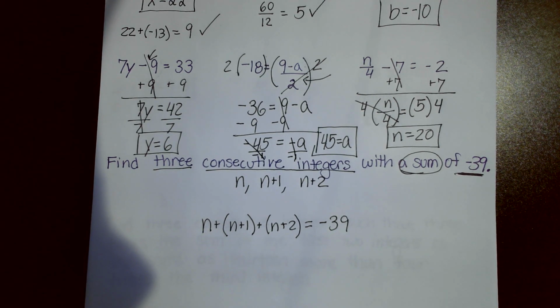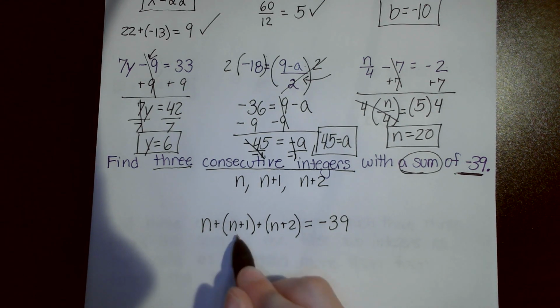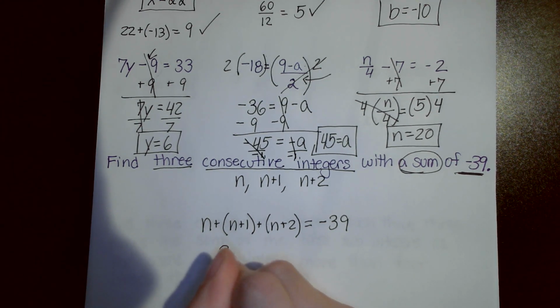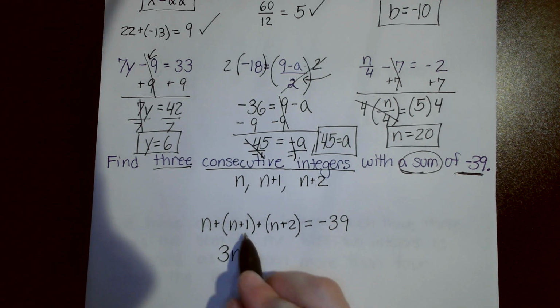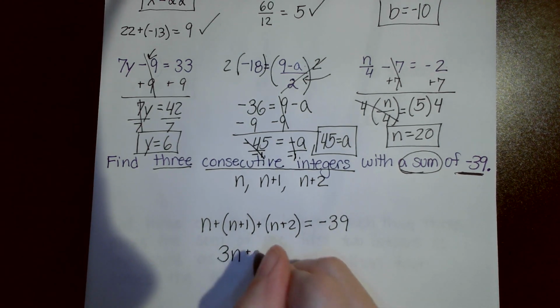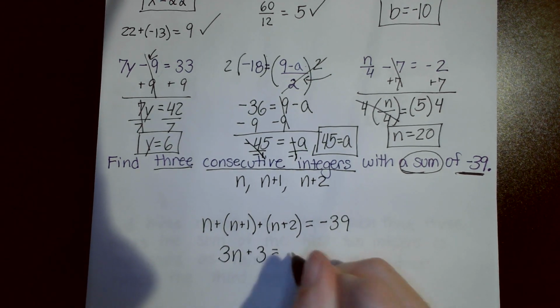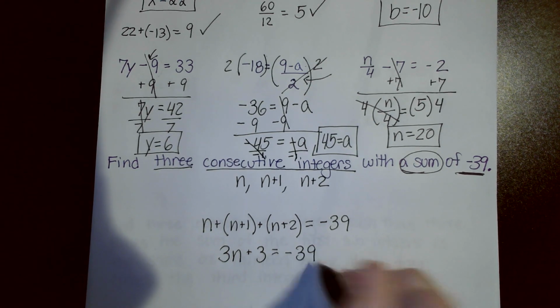So there's my equation. Now we solve it. So to do that, combine your like terms first. n plus n plus n gives me 3n. 1 plus 2 is 3, equals negative 39.